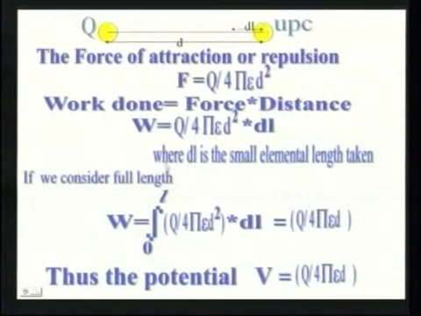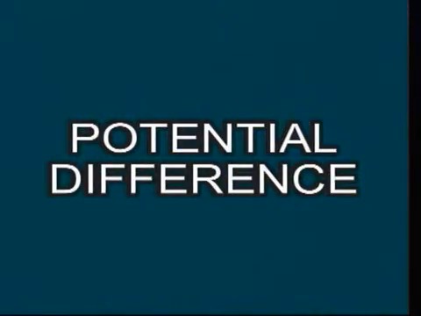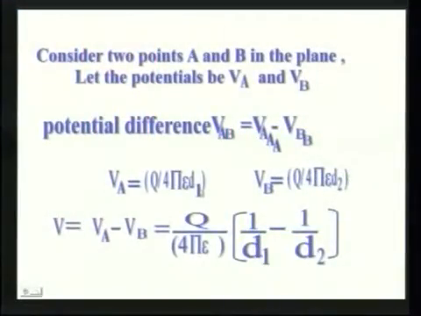Thus, the potential V equal to q by 4 pi epsilon d. Now, we will go for potential difference. When the potentials of two bodies differ from one another, the difference in the energy levels is called potential difference. Let us calculate the potential difference.